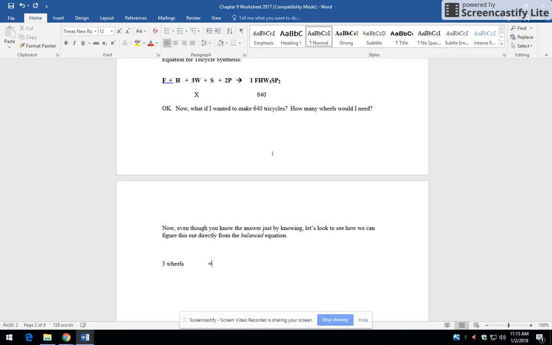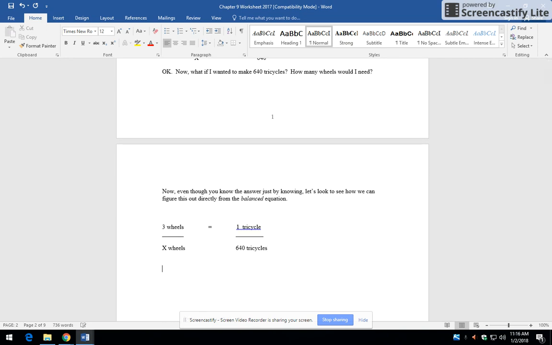You should always use your units. And the nice thing about this method is that it graphically looks exactly like the proportion does. 3 is over the x and 1 is over the 640, and that's exactly what you do here.